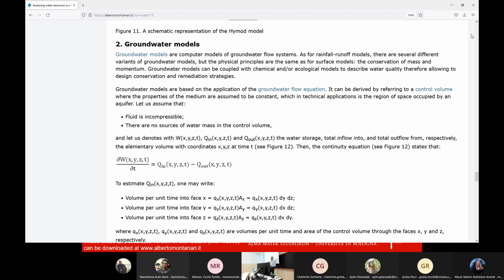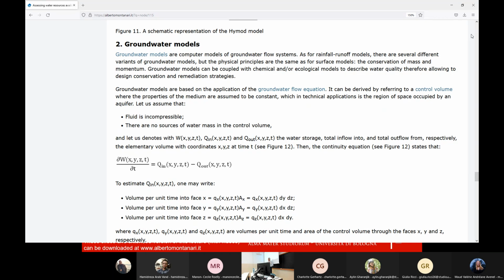So the principles will be the same as for surface water: conservation of mass, first of all, and conservation of momentum and energy, because it's a physical problem, first of all. Then we can also identify water quality problems, which means also involvement of chemistry, but at the beginning it's a physical problem. So let's understand how these physical laws are applied to groundwater bodies.